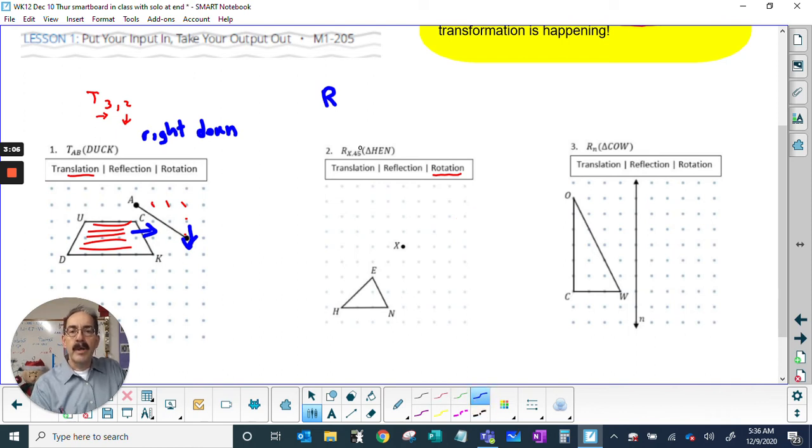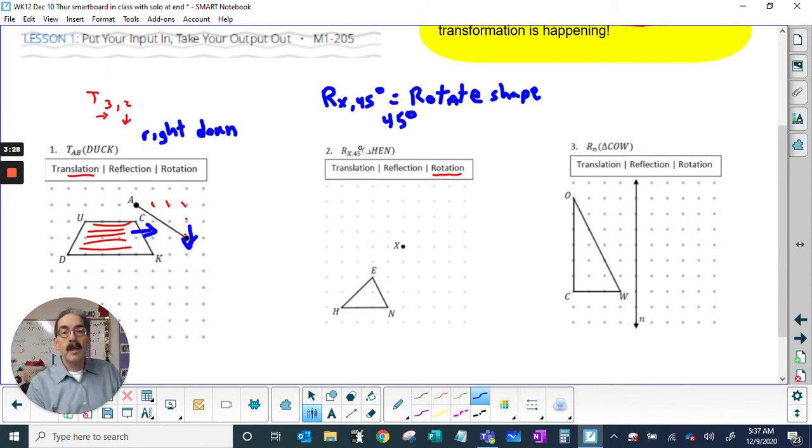So go ahead and write in your notes, R 45 degrees means to rotate the shape 45 degrees. Which direction? Okay, it's like a positive here. Which direction? To the left. To the left, in the positive direction.